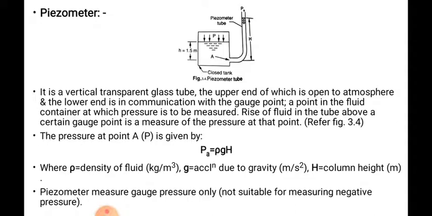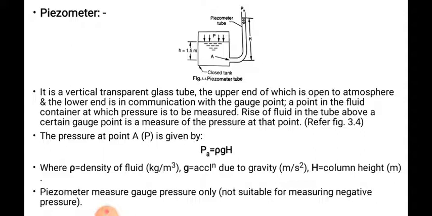First we will see what a piezometer is. In the diagram we can see that the cross section of the pipe is somewhat square, and we are interested in measuring the pressure of water or fluid flowing through the pipe.